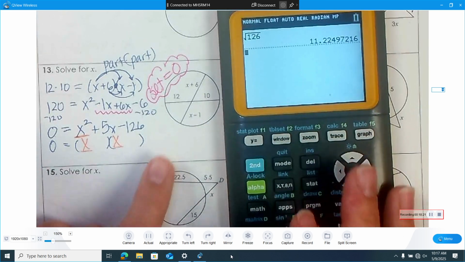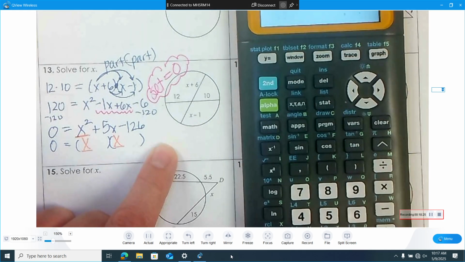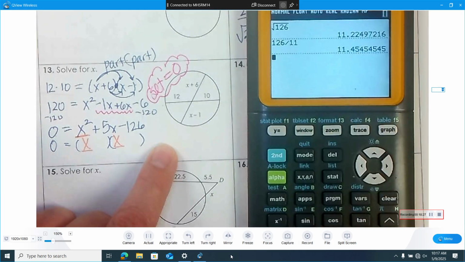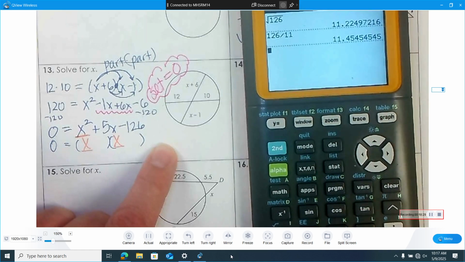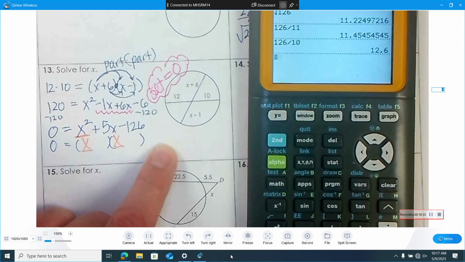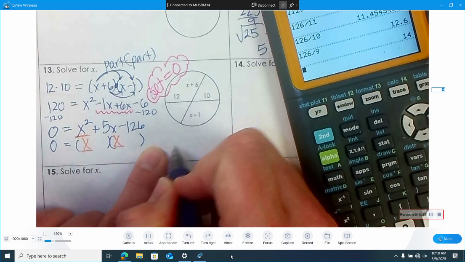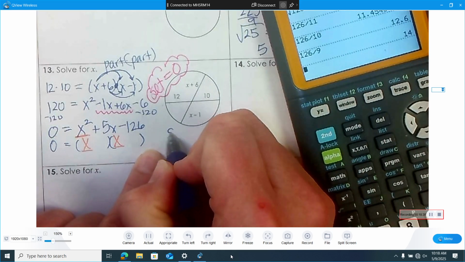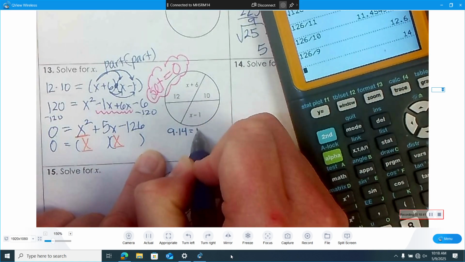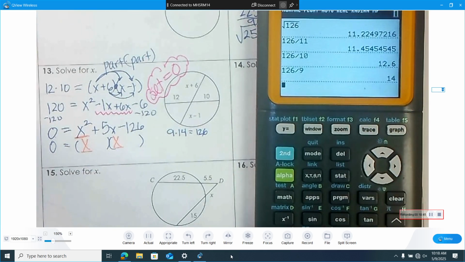So all I really have to do is say, hey, I'm going to take 126, I'm going to divide by 11. Does it go evenly? No, it does not. So 126 divided by 10, 12, that didn't go evenly either. 126 divided by 9. So it's just a nice little way to figure out your factors if you don't know them.